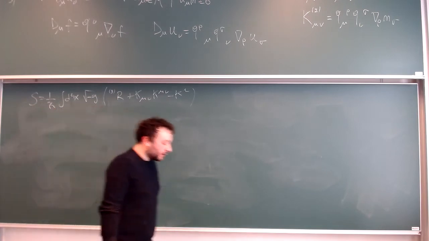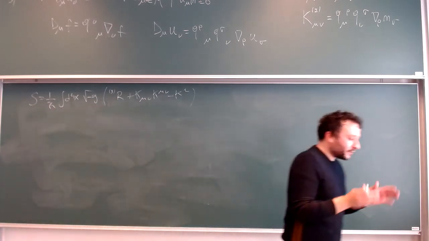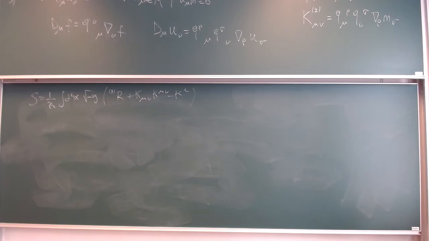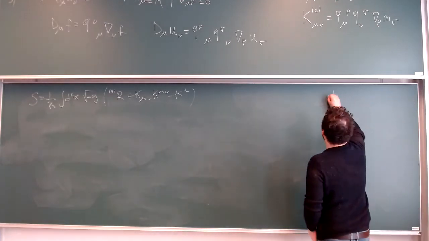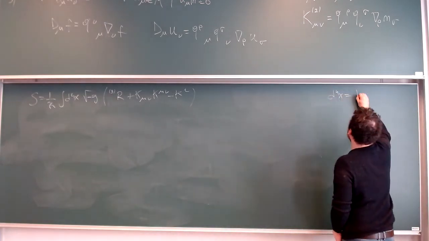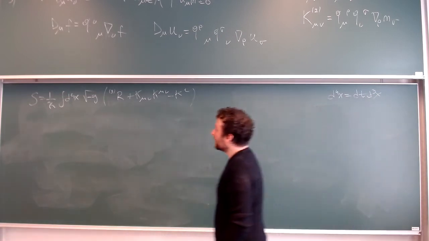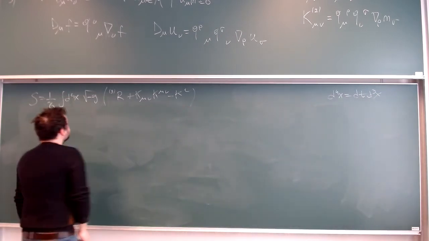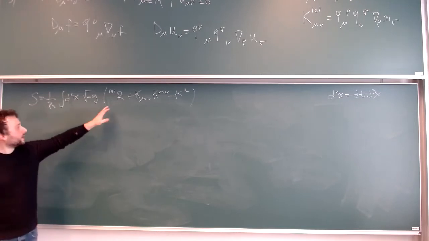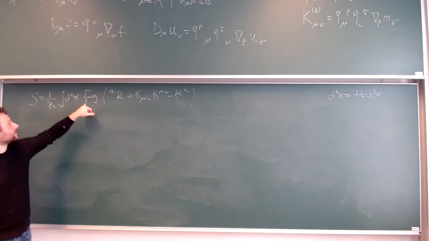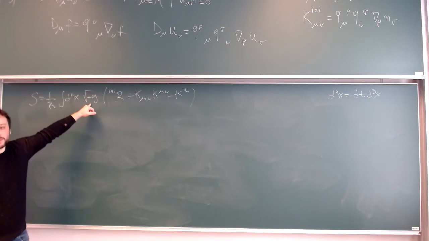What we want to do now is to write it in the new coordinates t and x^a. So we know that this d^4x is going to be dt d^3x, and this square root of minus g.